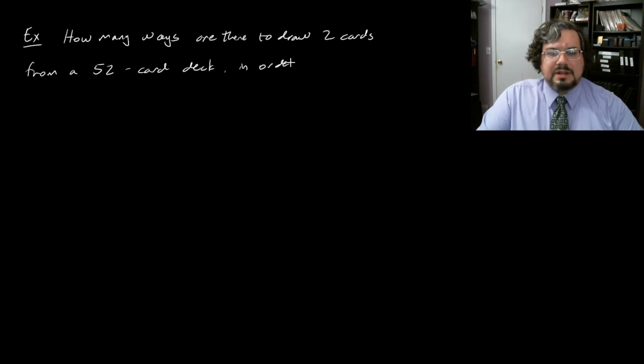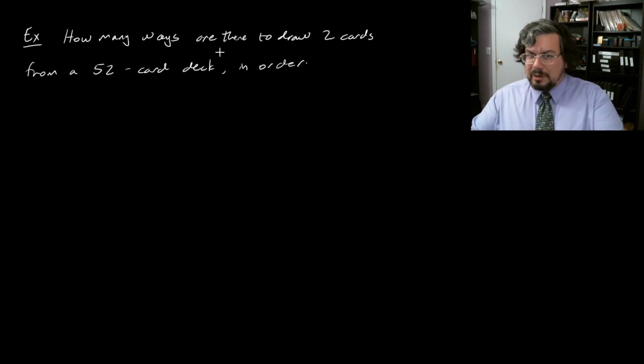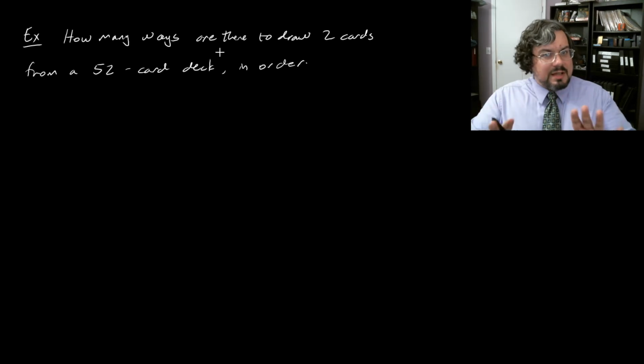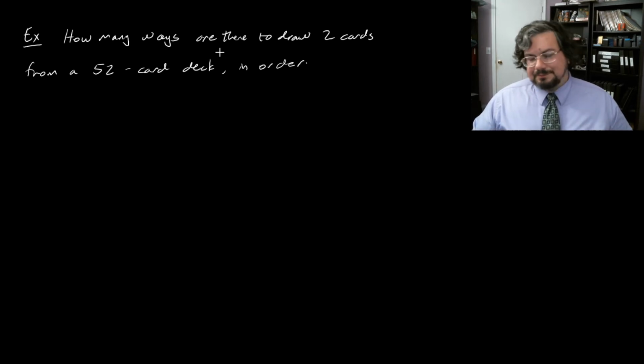Now, this in order here means that we're going to care about what order we draw things in. We're going to consider drawing an ace of spades and then a king of spades different than if we drew a king of spades and then an ace of spades. For the sequential counting principle, we count those two options separately. We will see in a later lesson how to handle situations where the order in which you choose things doesn't matter.